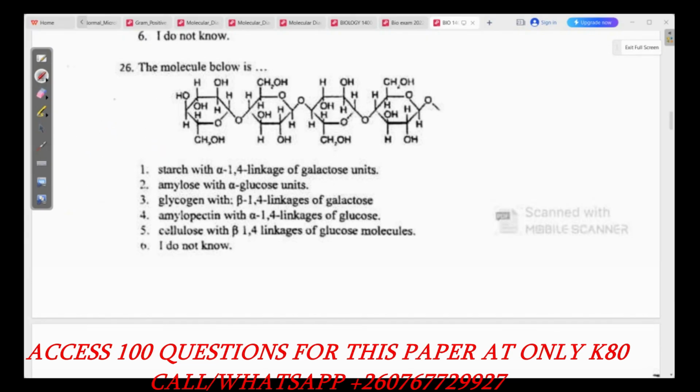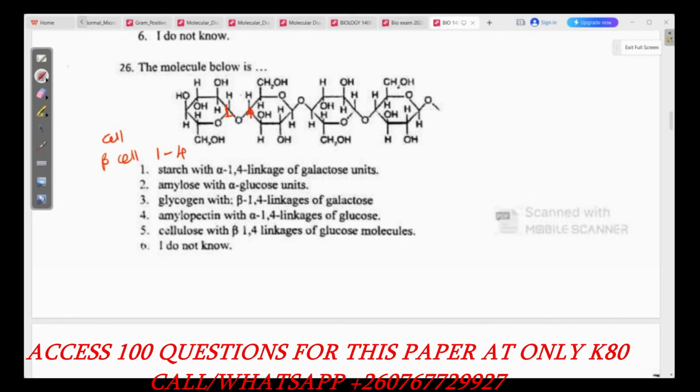So the answer to this question, the molecule below, has to be cellulose, beta cellulose, which is formed through a 1 to 4 glycosidic linkage of glucose molecules. This is carbon 1, this is carbon 4. That's why the bond here is 1 to 4.